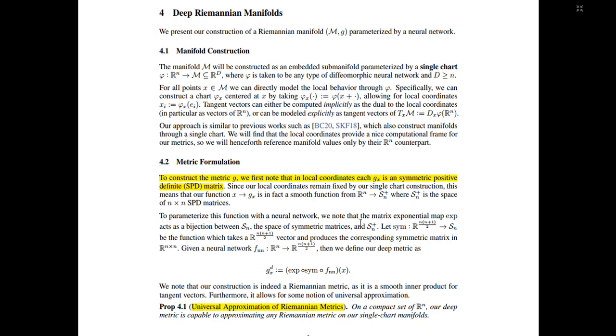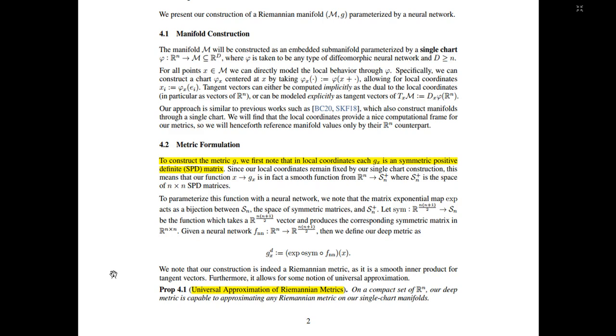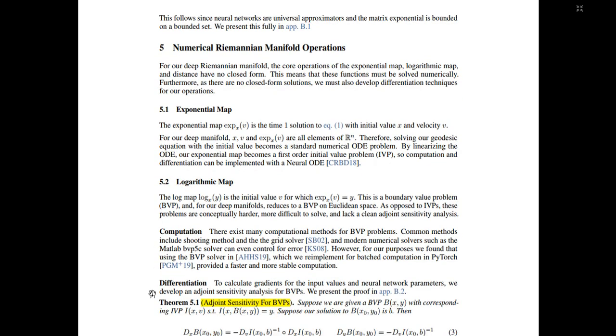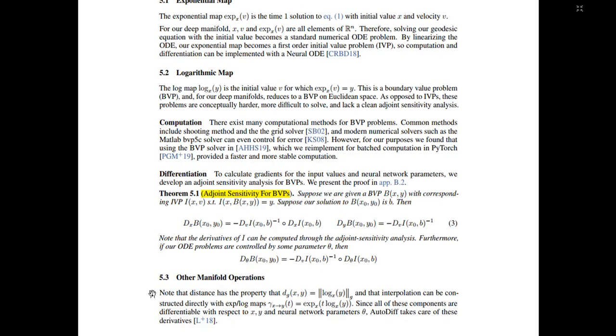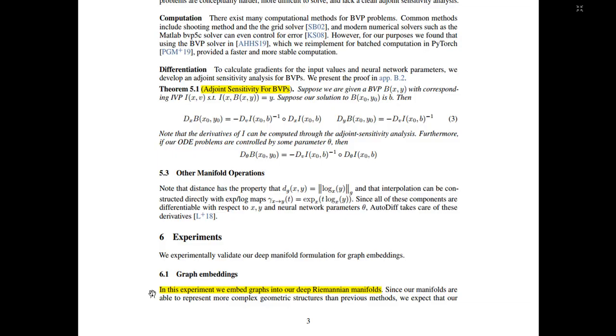So basically what we are doing, we have a neural network that has to learn the metric. And we have two functions like this sym function and exp function. And using the exponential map, we can represent the metric as a learnable function. And they prove that on a compact set of R^n a neural network can represent a metric.